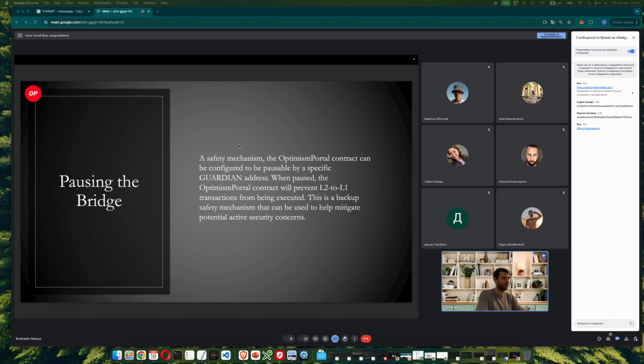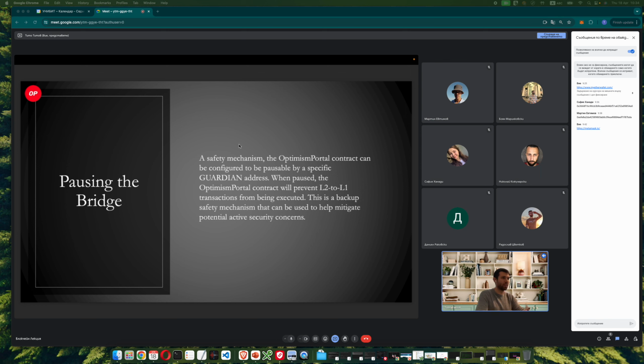As we discussed earlier, you can deposit funds from layer 1 to layer 2 using the bridge, which is using the Optimism portal, or you can withdraw funds again using the Optimism portal to take funds from layer 2 to layer 1. So there could be some security issues, and for example, it might be a bug or something could happen. So the Optimism portal has created a pausable functionality and has added a guardian address.